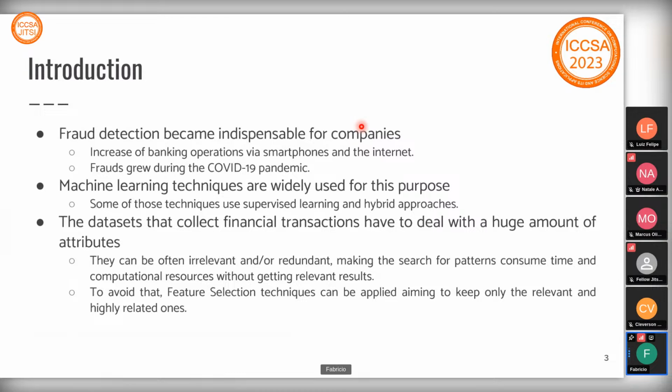So machine learning techniques are being used for this purpose. Many of these techniques use supervised learning and some hybrid approaches. And the data sets that collect financial transactions have to deal with a huge amount of attributes, because some of them are relevant to the problem, but many of them are irrelevant or redundant, and this makes the search for patterns more time consuming and takes computational resources.